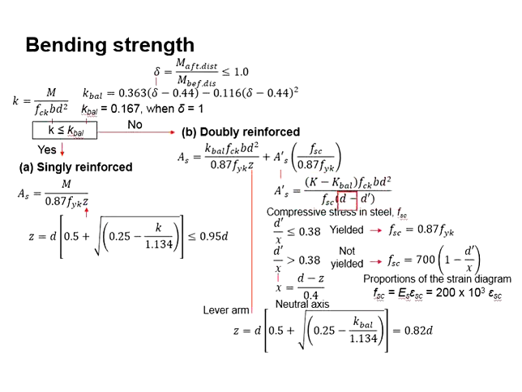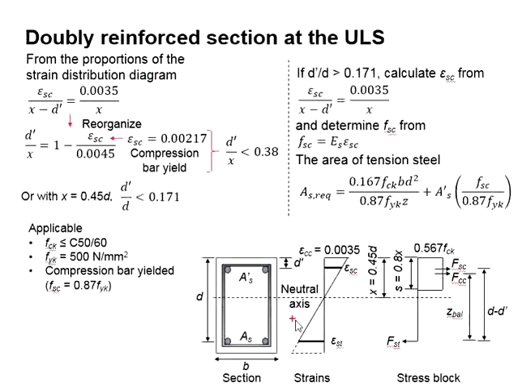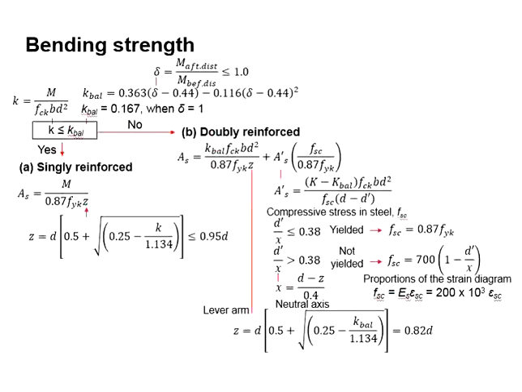The D will still be the effective depth, whereas the D prime is referring to the effective depth of the compression steel bar, which is this. To determine D prime, you need the concrete cover plus the shear link plus half of the bar size, and then substitute the value, you get your AS.